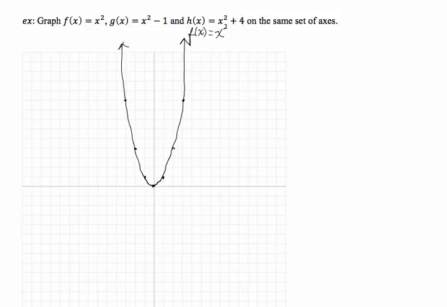Okay, now let's graph the other two. We'll do those in different colors. I'm going to graph g of x in orange. Now g of x is equal to x squared minus 1. So let's do this by plotting points.